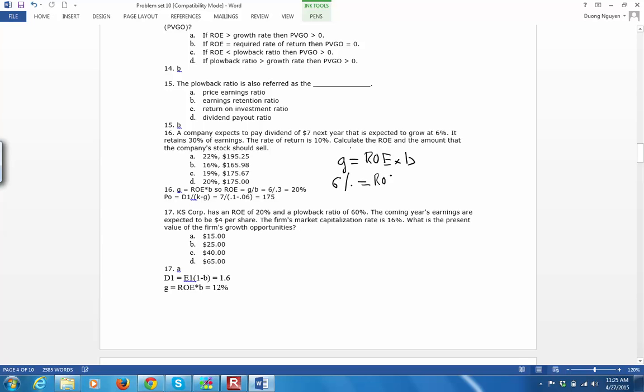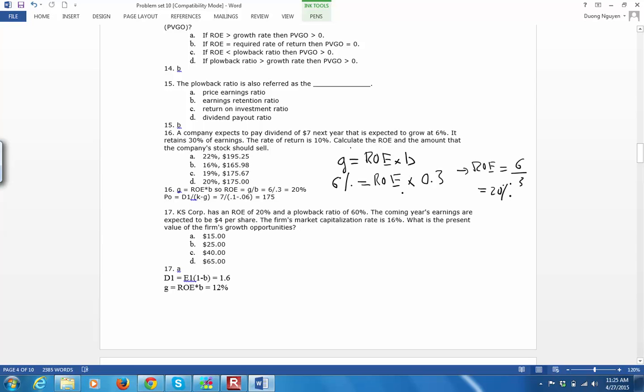ROE, which is what we are looking for, times the plowback. Plowback is how many percent of earnings the company retains, which is 30%, so 0.3. So you can see that ROE is equal to 6 over 0.3, which is equal to 20%.